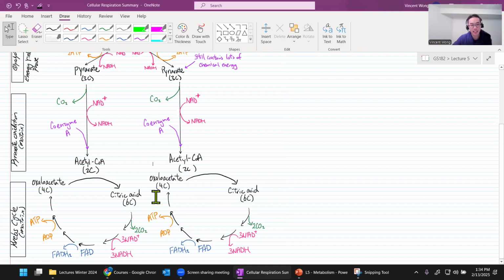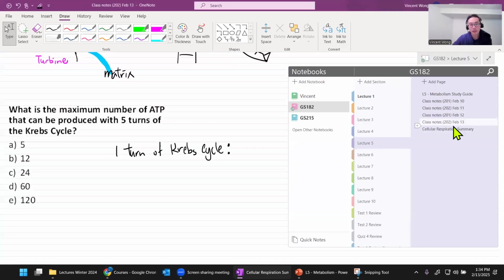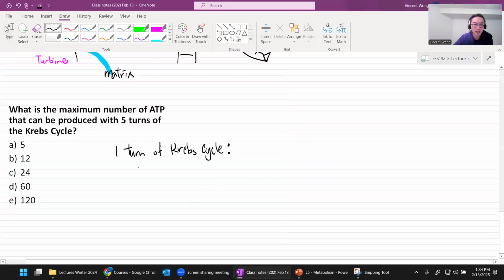Just one turn, not 2 turns. 2 turns would be for our glucose. This is just one turn. So we'll have one ATP, by SLP, and then three NADH and one FADH2.